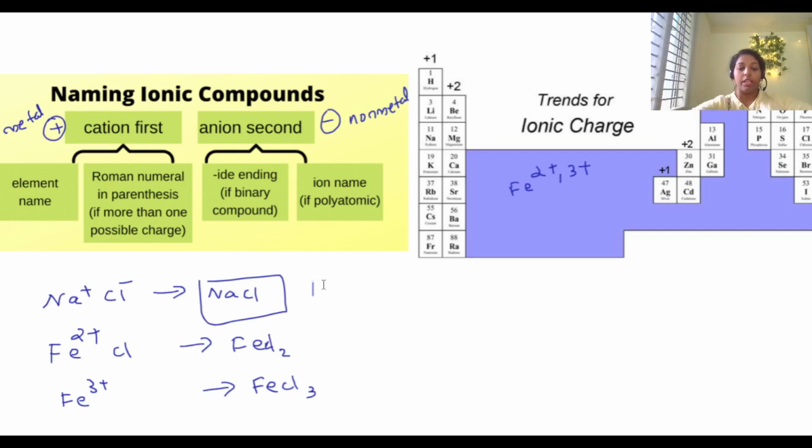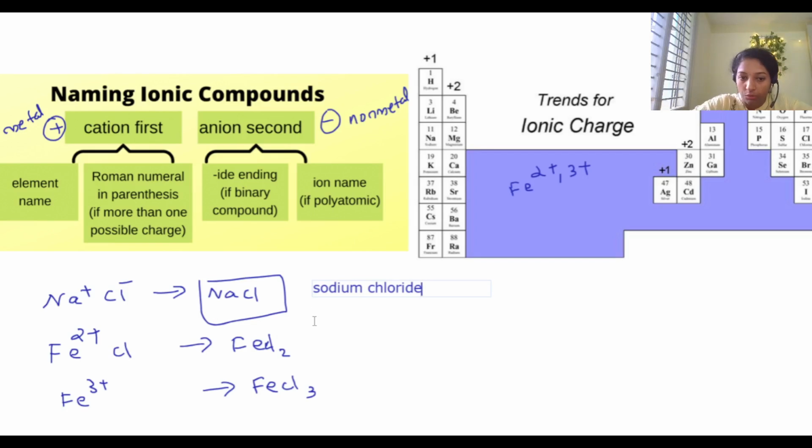How do we name NaCl? Sodium chloride. First element, then the second element with -ide. Here we don't apply a Roman numeral because we have no doubt about sodium.